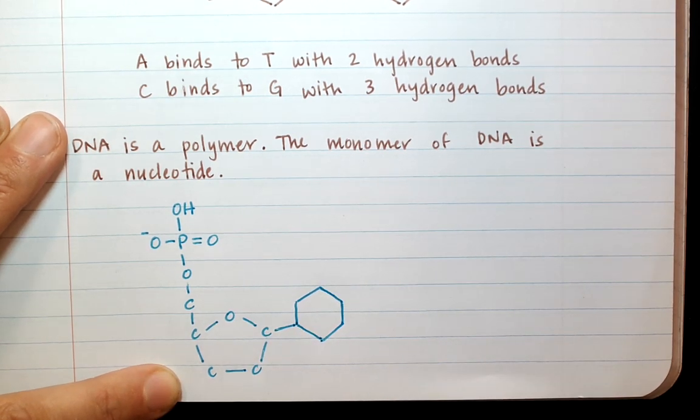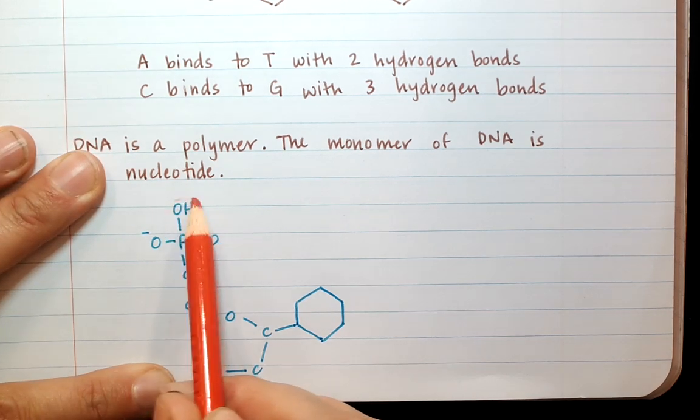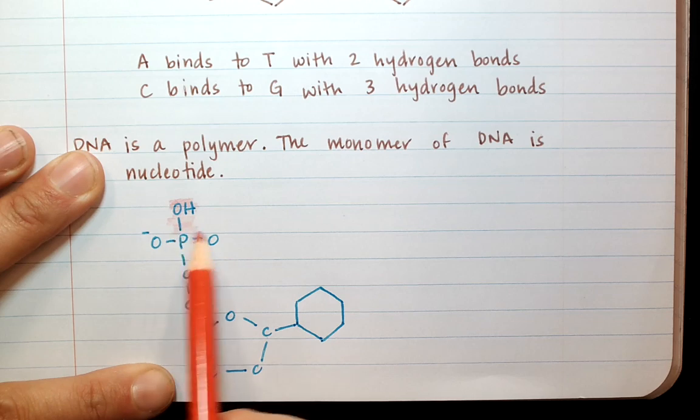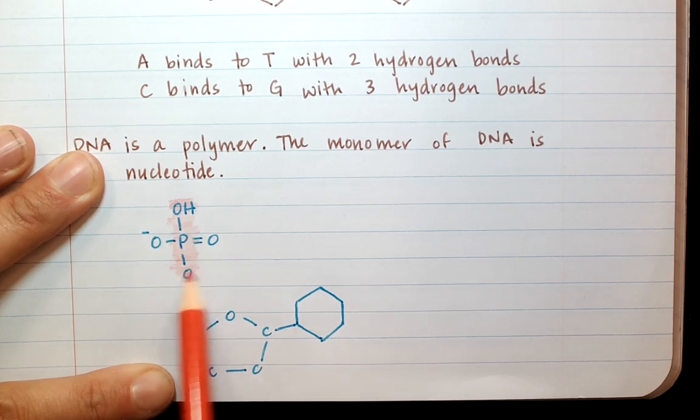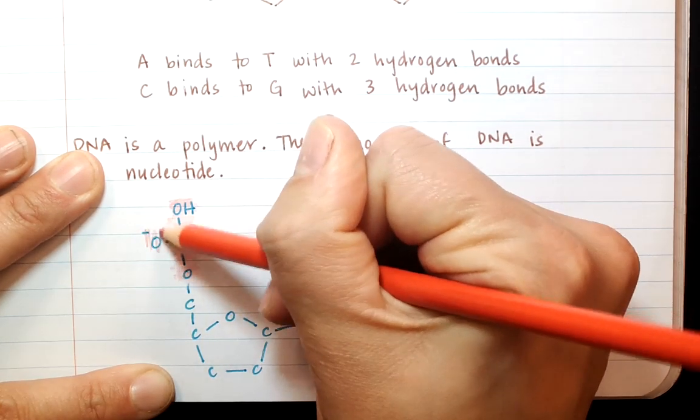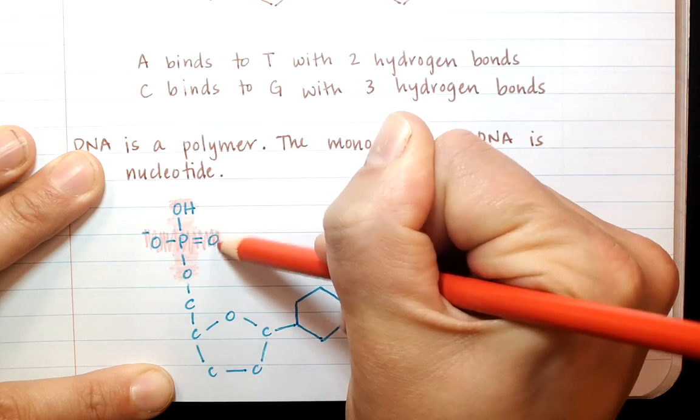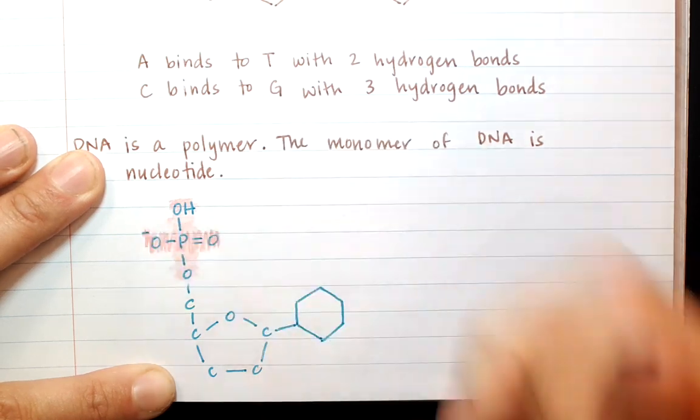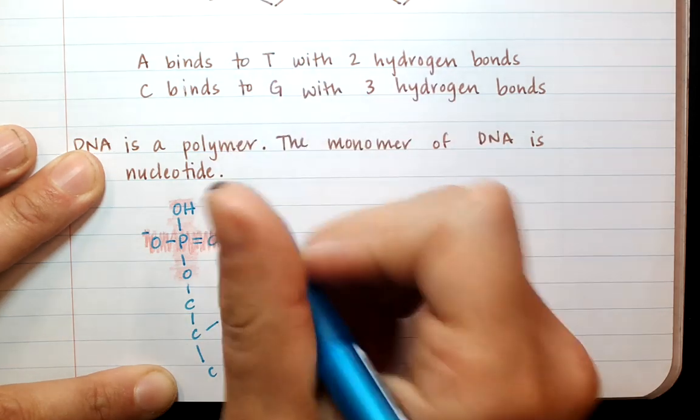So I'm going to actually color these a little bit so that we can see what they are. I'm going to shade my whole phosphate. It's going to be red. That's my phosphate.